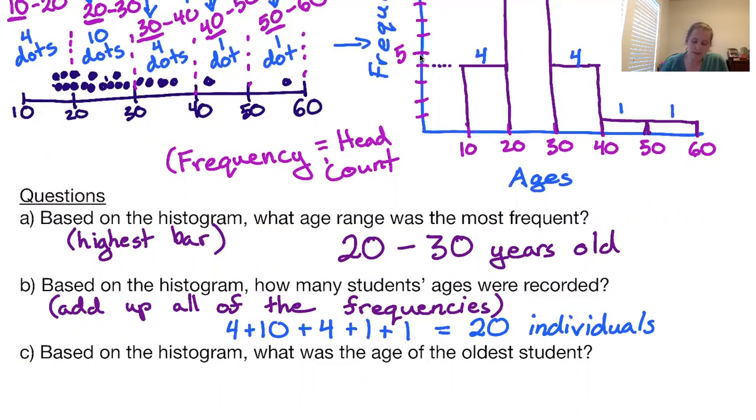Last up, based on the histogram, what was the age of the oldest student? Forgetting the dot plot and the list of data values, we know that we have a student between 50 and 60, but that is as much as we know.